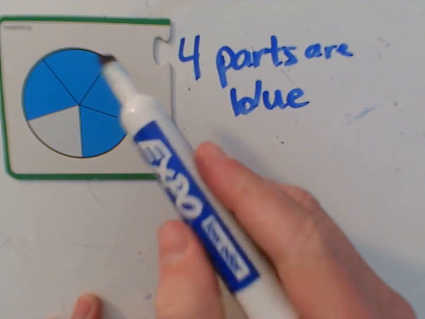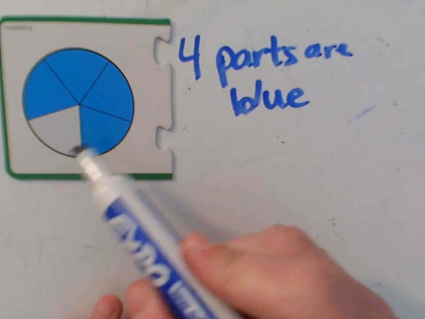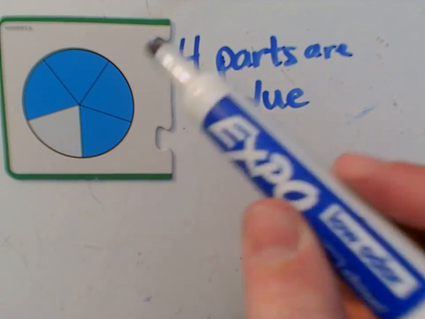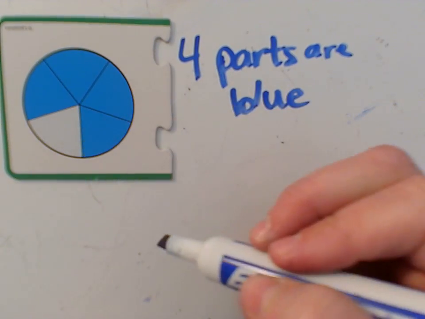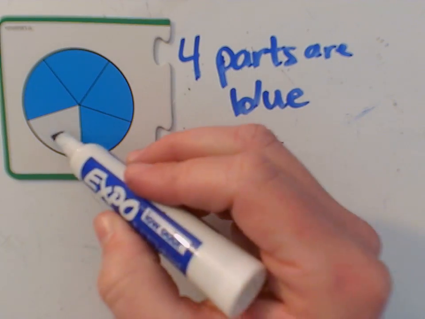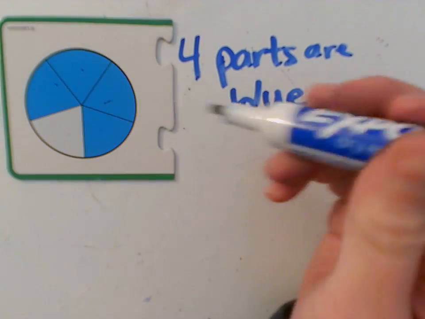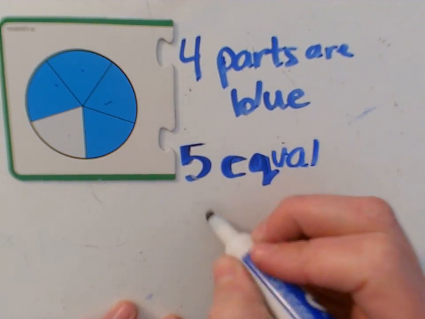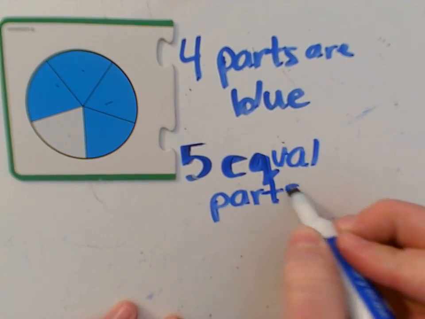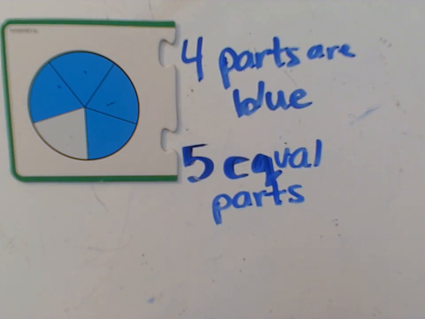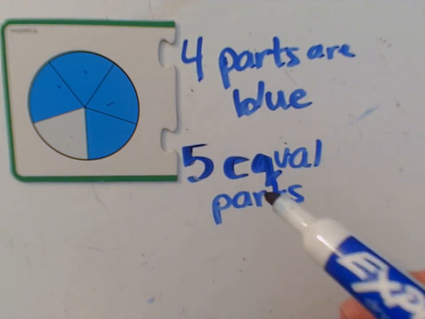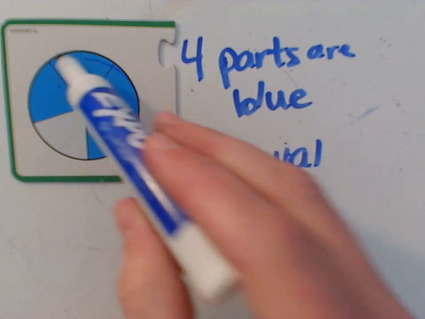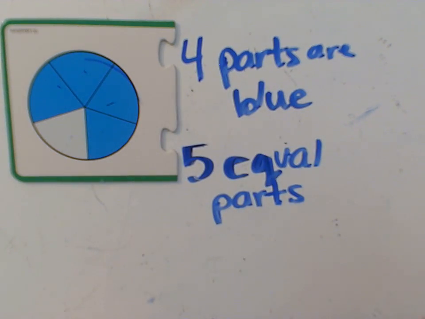And how many equal parts are there? Which means when the circle was split up by these lines, how many equal parts did it make? Ignore the color. There's 1, 2, 3, 4, 5. All right, so we're going to put the number of shaded parts over the number of equal parts.